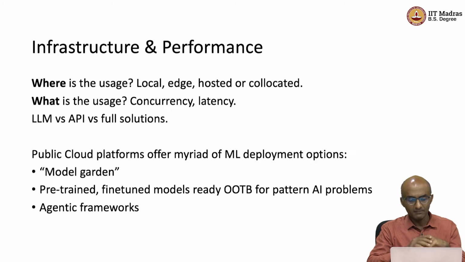The second aspect that the public cloud platforms also provide are out of the box models for very specific tasks. For instance, Amazon has something called Rekognition, which is extremely good at character recognition, image recognition, out of the box for most cases. In which case, you may not need to build a fine-tuned model at all.